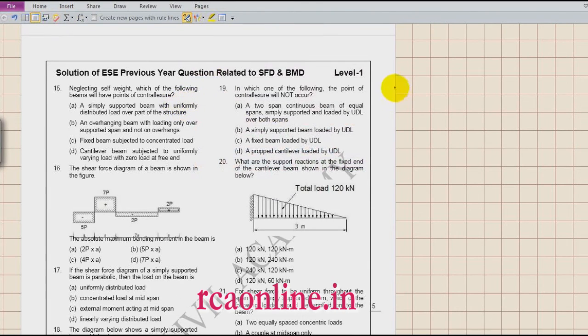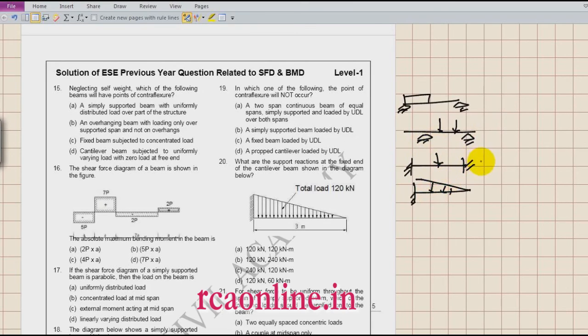Okay. Now, so what is it? A simply supported beam with some loading. Second is an overhang beam, but only loaded at the center part. Third is a fixed beam subjected to concentrated load, and fourth is the cantilever with triangular loading.